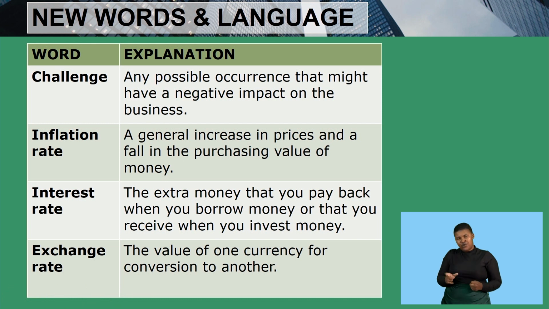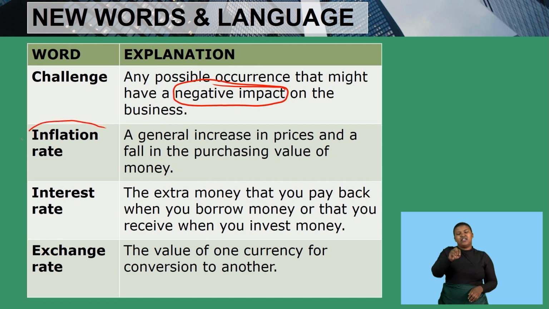Then our new words for today. The first word is challenge, because we will of course be focusing on the challenges posed by the components. A challenge is any possible occurrence that might have a negative impact on your business. So a challenge is of course negative. The second word here is inflation rate.